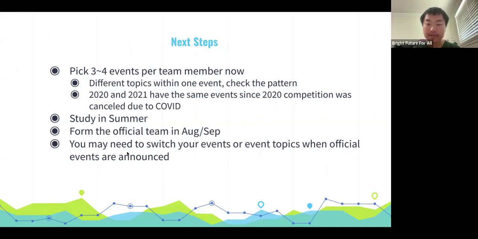Then in the fall, when the official rules drop, you need to form your official team, and you might need to do a bit of event switching. But if you can draft a team roster and then start studying, I think that will put you in a really good position to hit the ground running when the school year starts.